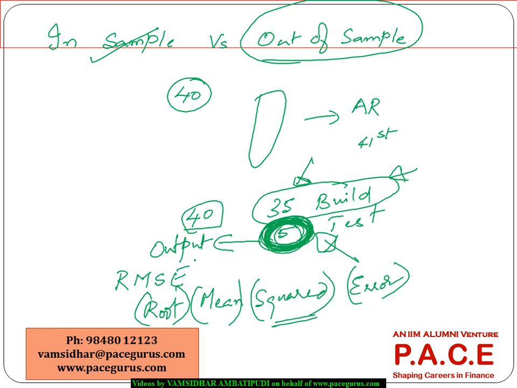So these are some of the things that we need to be comfortable with when we talk about basic time series analysis on any data. I hope you are comfortable with all these various aspects.